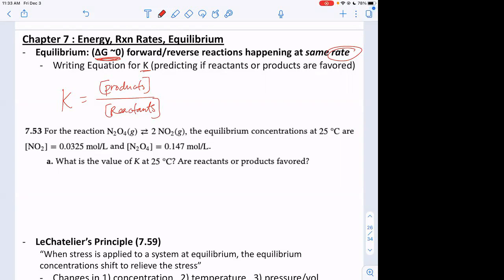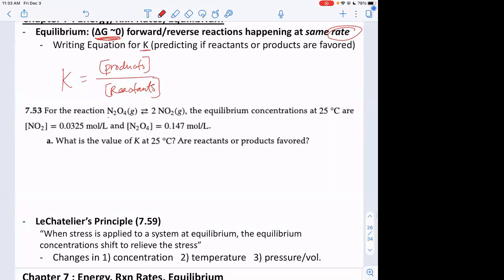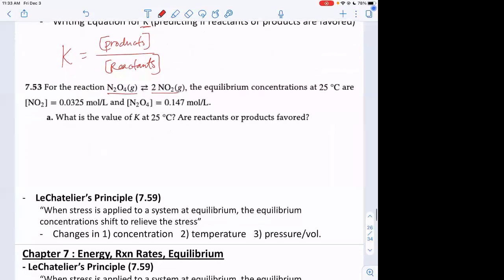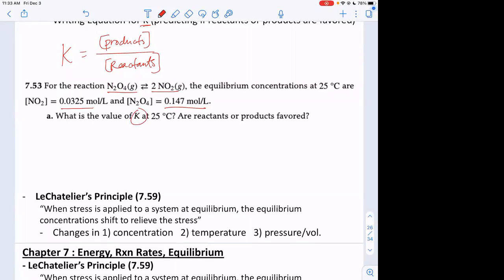So considering what we just wrote, for the reaction N2O4 makes 2 NO2, the equilibrium concentrations at 25 degrees Celsius are 0.0325 molar and 0.147 molar. What's the value of K? Are reactants or products favored? So you'd say K is equal to the, and everything's a gas, because remember, you don't include liquids or solids, just things that are gas or aqueous.